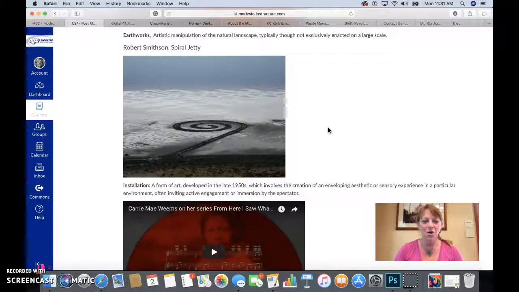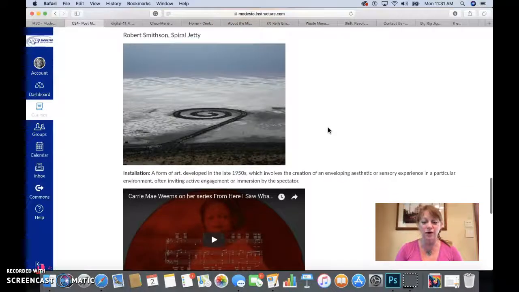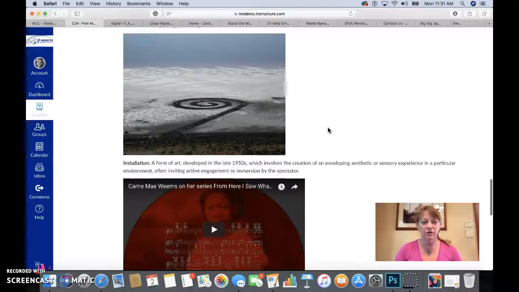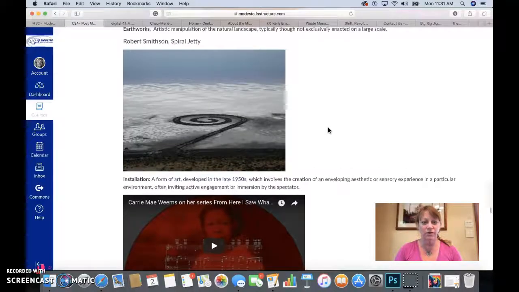And so they're always having to go repair the Spiral Jetty, which is a question about installation in earthworks. How far do you go with it? Is it something that, because of the nature of it, will be reduced to sort of going away naturally?